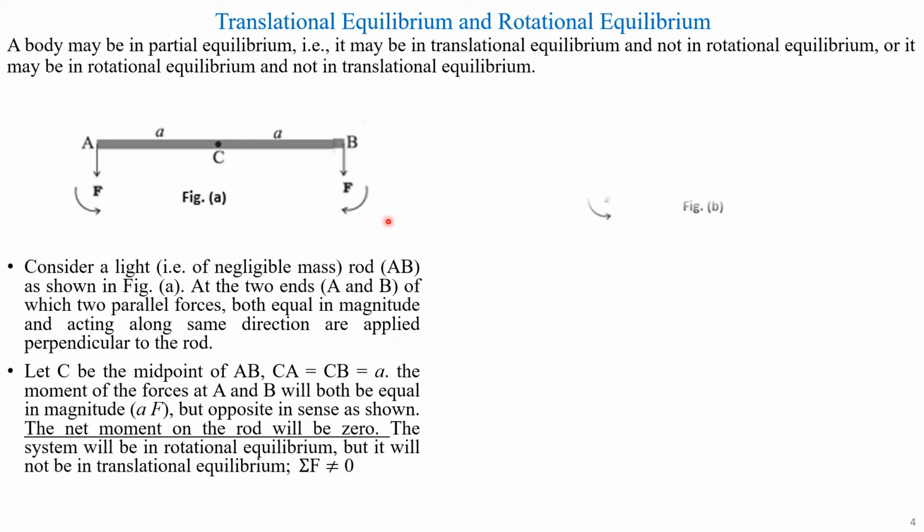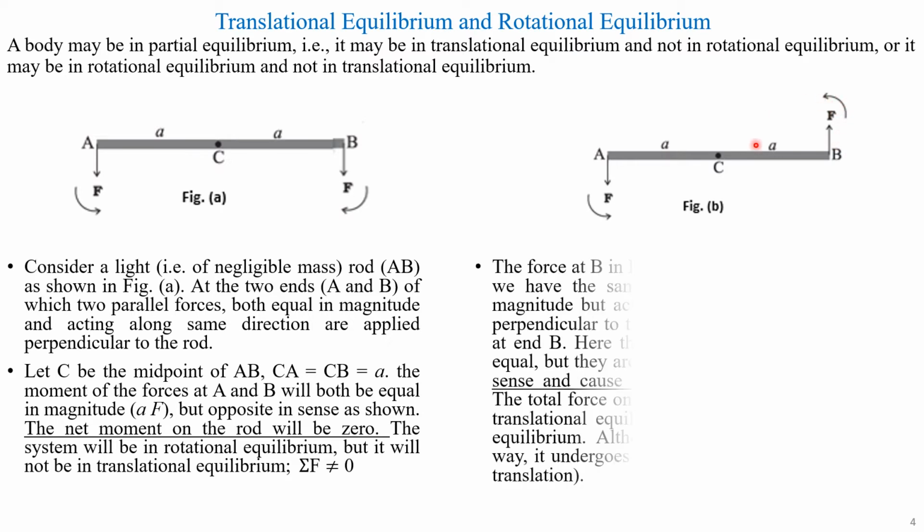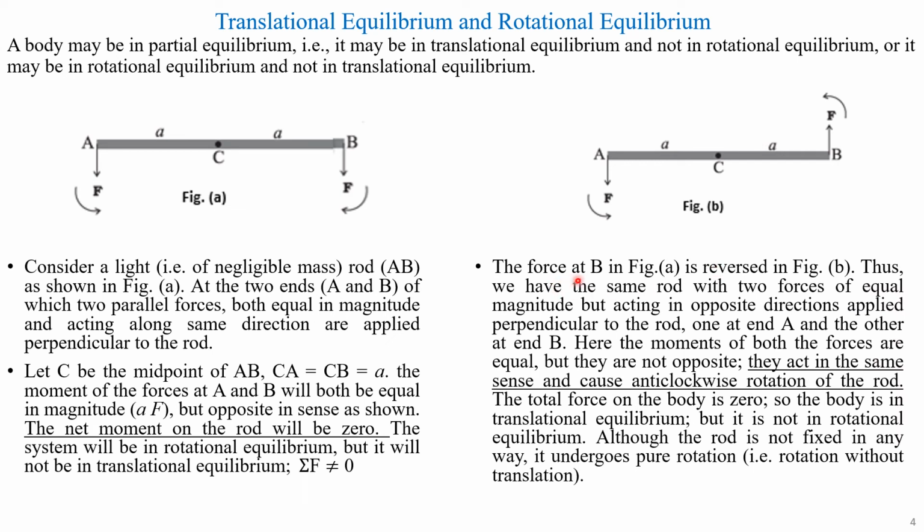We will consider another case, B, as shown in the figure, wherein the direction of F on B is reversed. That is, F is acting vertically and its direction of rotation will be anti-clockwise. So the force at B in figure A is reversed as shown in figure B.